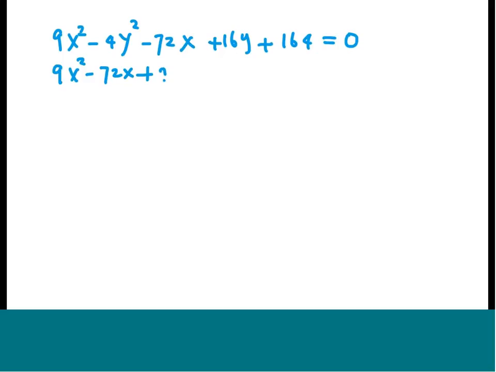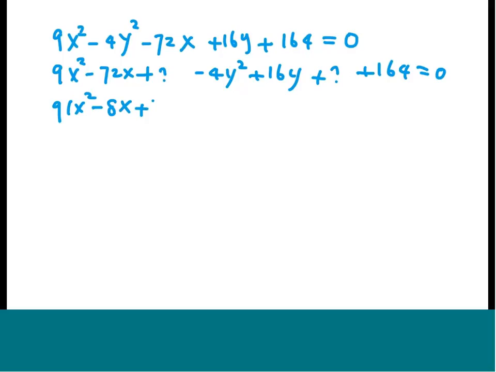Then minus 4y squared plus 15y, plus what is going to be a perfect square? So make perfect squares first. You can do 9x squared minus 8x plus 16, with a minus 9 times 16, minus 4y squared, 4y plus 4, a minus 4 is plus 16, minus 160.